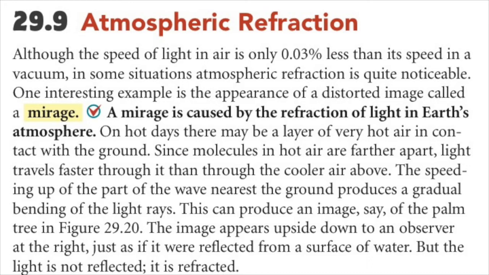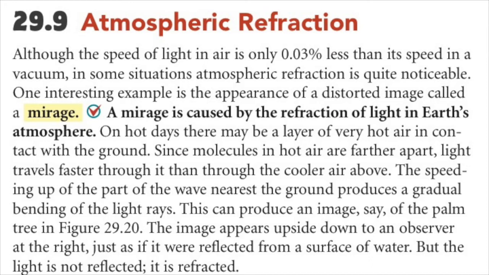On hot days, there may be a layer of very hot air in contact with the ground. Since molecules in hot air are farther apart, light travels faster through it than through the cooler air above. The speeding up of the part of the wave nearest the ground produces a gradual bending of the light rays.